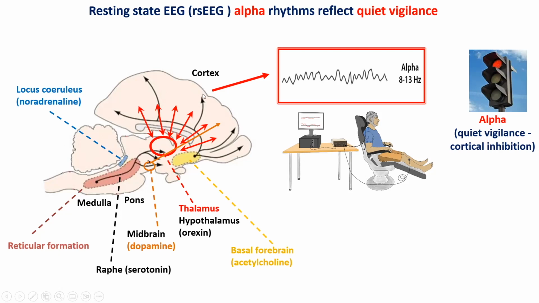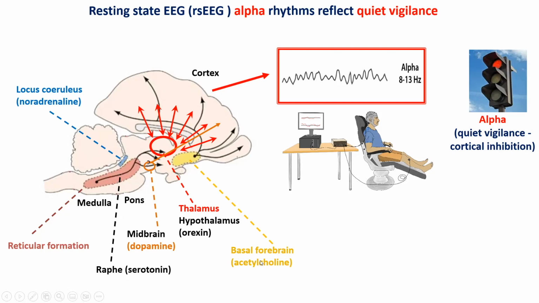But this thalamocortical loop is modulated by ascending subcortical systems, including the reticular formation and midbrain, hypothalamus, and projections to thalamocortical circuits. So you see that dopamine systems or acetylcholine systems or noradrenaline systems can modulate the cortical arousal and vigilance in healthy subjects.